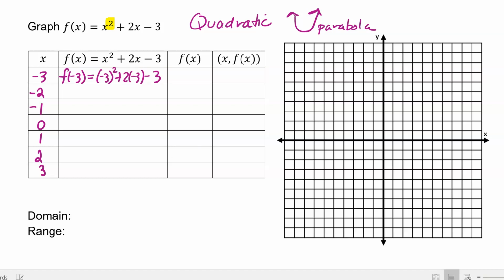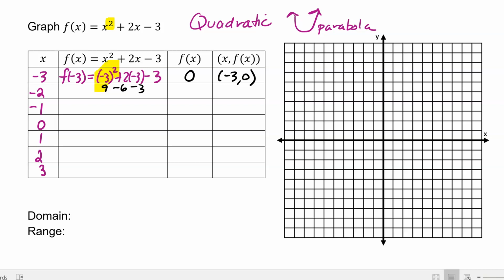Now -3 squared here is +9, right? And then we have a -6 minus 3 because 2 times -3 is -6. So 9 minus 6 is 3, and 3 minus 3 is 0. So this point is actually -3, 0.